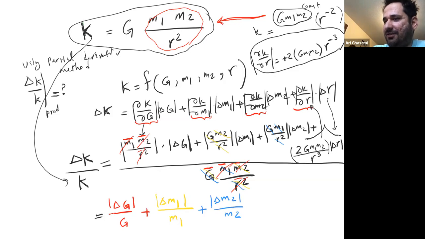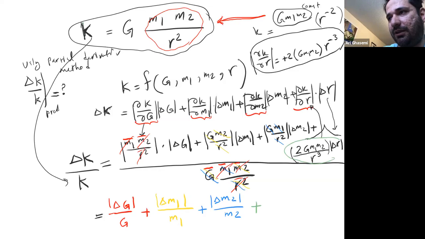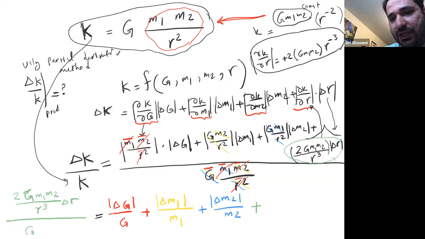Now this is the interesting part, the last term. Let me write it here. On the top, you have 2 G M1 M2 over R cubed times delta R. This is over the term you have, G M1 M2 over R squared.